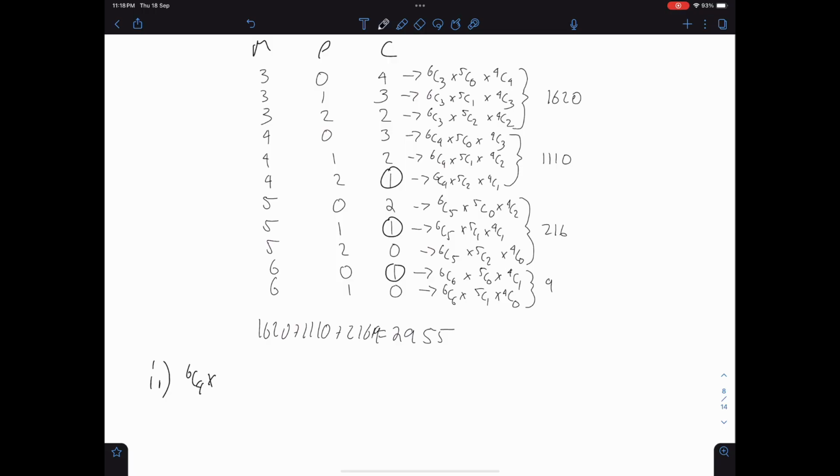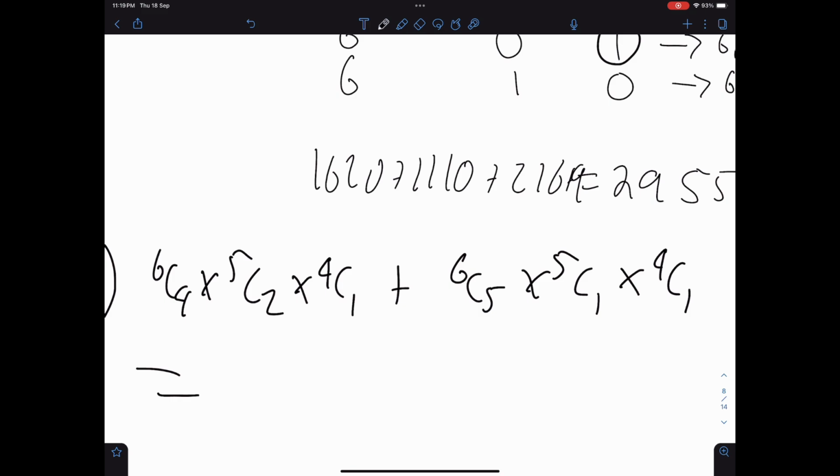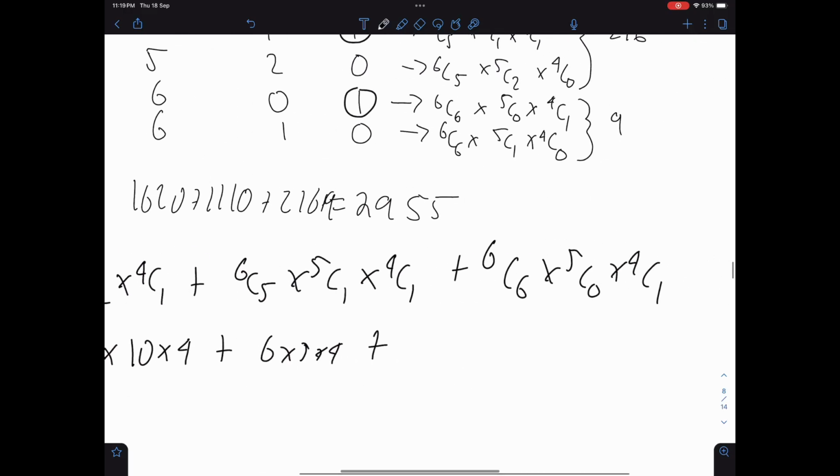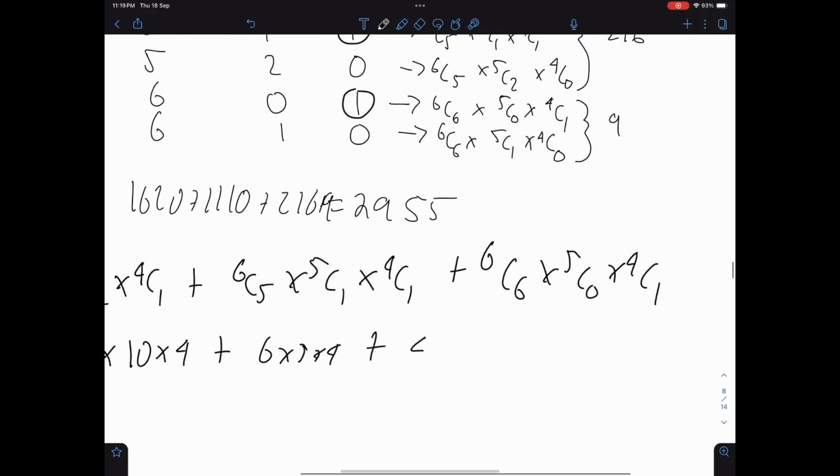6 choose 4 times 5 choose 2 times 4 choose 1 plus 6 choose 5 times 5 choose 1 times 4 choose 1 plus 6 choose 6 times 5 choose 0 times 4 choose 1. So that's equal to, 6 choose 4 is 15, and that's multiplied by 10 times 4, plus 6 times 5 times 4, plus that's just 4.